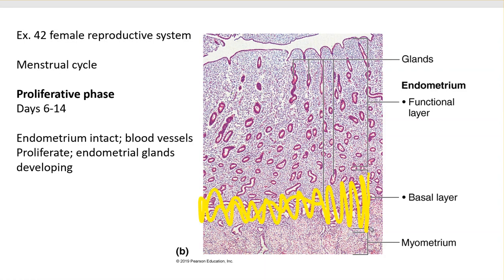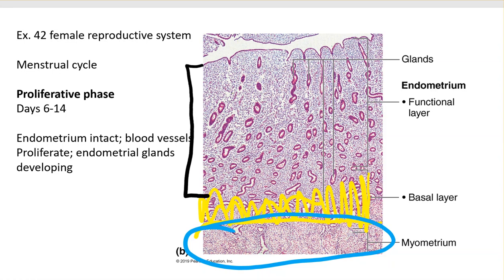So the muscle is down here. Then the yellow is the base layer or basal layer. And then all of the stuff above that is the functional layer. The functional layer is the one that's going to grow and shed.